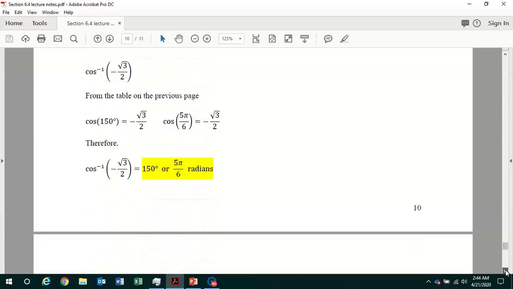And then lastly, you have to find the inverse cosine of minus square root of 3 over 2. From the table on the previous page, we know the cosine of 150 degrees is equal to minus square root of 3 over 2, and the cosine of 5 pi over 6 radians is equal to minus square root of 3 over 2. Consequently, the inverse cosine of minus square root of 3 over 2 is equal to 150 degrees, which is the same as 5 pi over 6 radians.